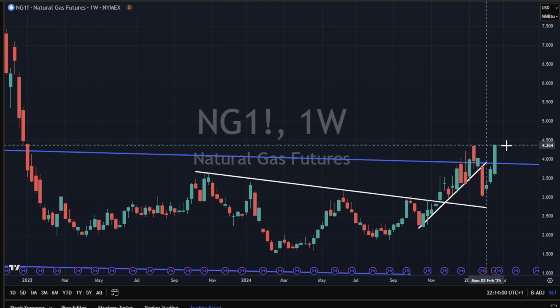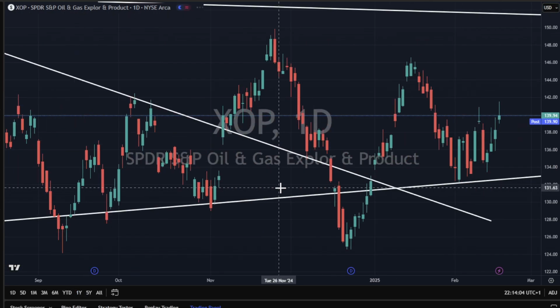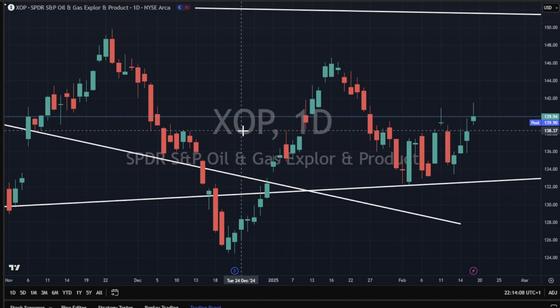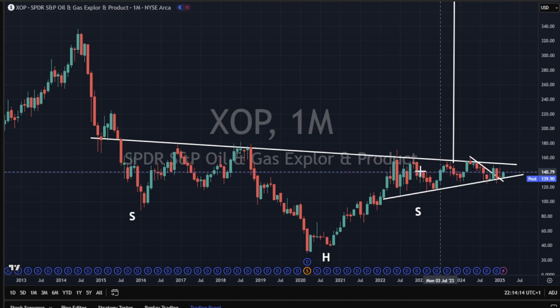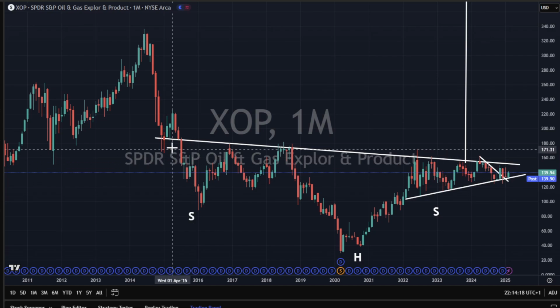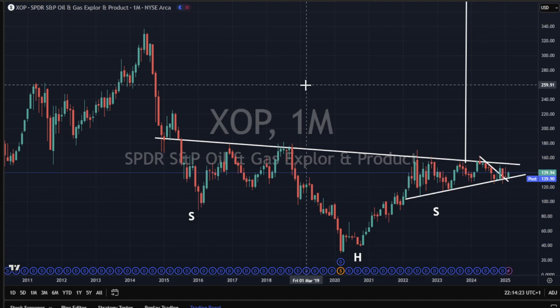Our boy XOP, yeah, you know me, up 1.23% today. A little bit of a wick at the top there. We saw oil trade a little bit higher throughout the day, same with XOP, but it looked good. And we are squeezing between the support line and the resistance neckline of this gigantic shoulder head shoulder that has developed.